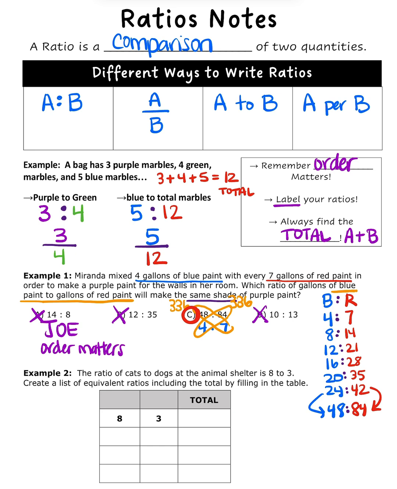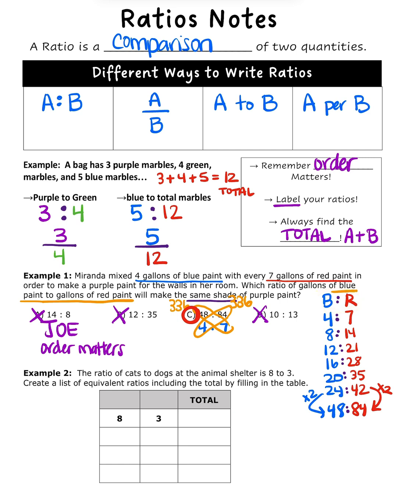So you can see 24 times 2 is 48, and 42 times 2 is 84. So we could get there by skip counting, we could get there by finding the relationship, like the times 2, and we could get there by butterflying to see if they come out equal. Remember, the big thing is that the order matters, okay? And you notice I did label my blue and my red, okay?